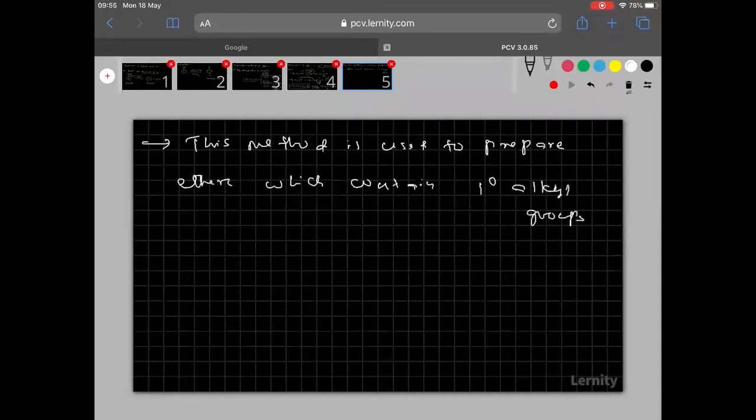Is it clear? This method is used to prepare ethers which contain primary alkyl groups only.